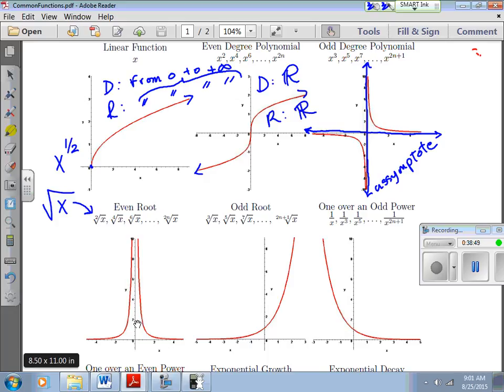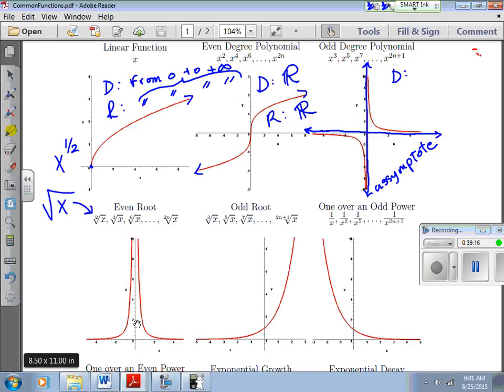At 0 on the x and at 0 on the y, it's never going to touch those points. But it's very clear that to the left of x, I can pick an x value and it'll give me a y value that goes with it.